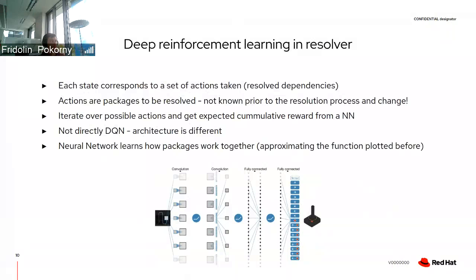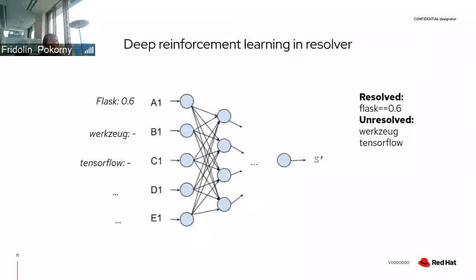On the implementation side, we iterate over all the possible actions that can be taken given the state we are in, and try to predict the cumulative reward using the neural network. So an example can be a state in the resolution where we have Flask in version 0.6, and unresolved dependencies are Werkzeug and TensorFlow.